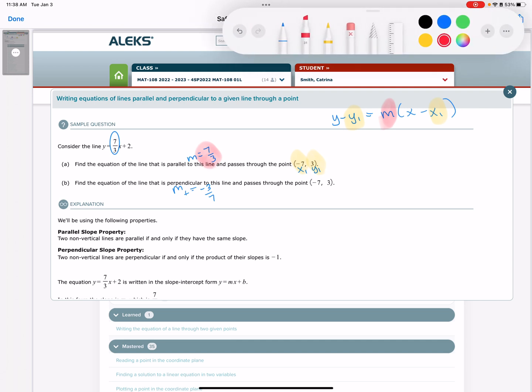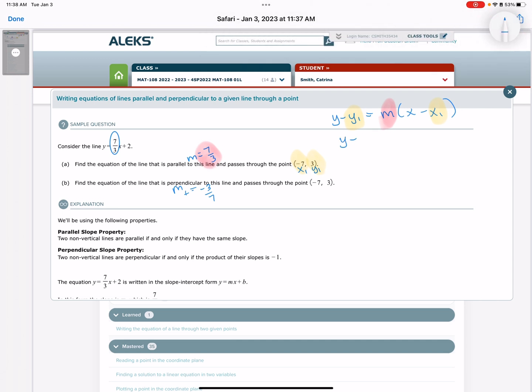There you go. So y minus y1, which is 3, equals m, 7 over 3, times x minus x1, which is negative 7. So I'm going to go ahead and distribute. Y minus 3 equals 7 over 3x plus 49 over 3.